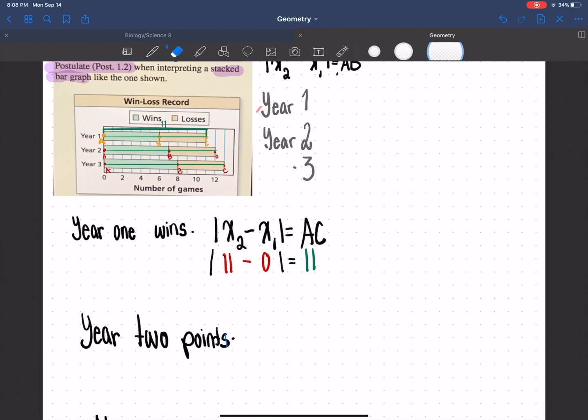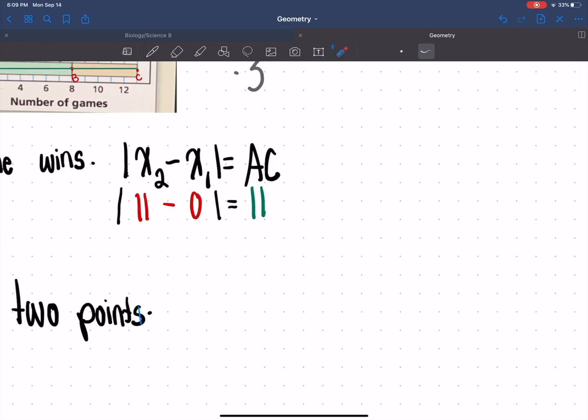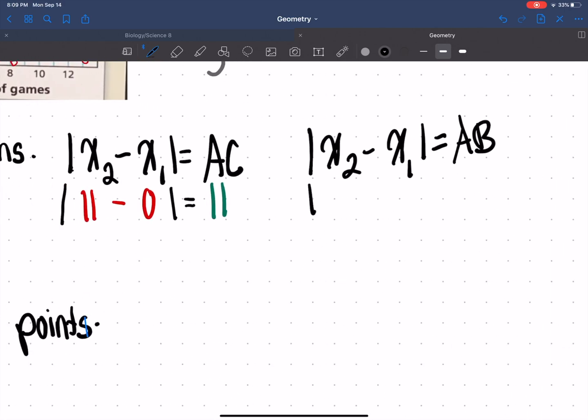Now we have a second point, A and B. We can find the distance for how many games the lacrosse team won in year one. You would do the same thing as before. You have the formula below, which we're using to get AB.